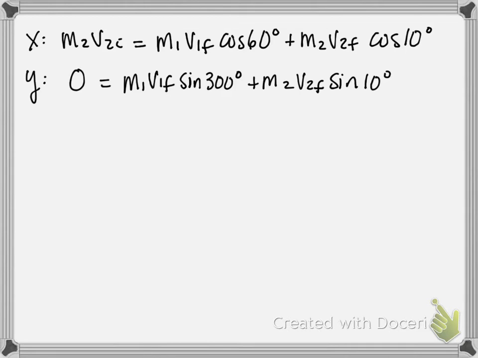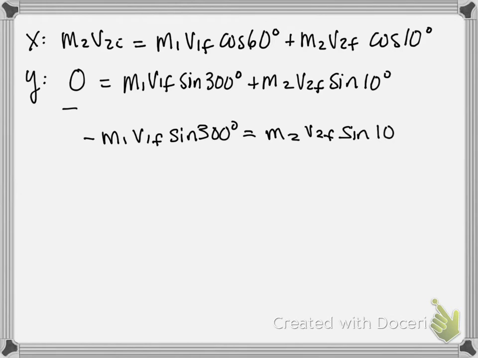Okay, so what we really have here is two equations and two unknowns, which we could solve. Well, actually, we have more than that. We would need one more piece of information to actually get numbers out of here. But since we have this 0 here, it's going to allow me to say negative M1 V1F sine 300 equals M2 V2F sine 10 degrees.